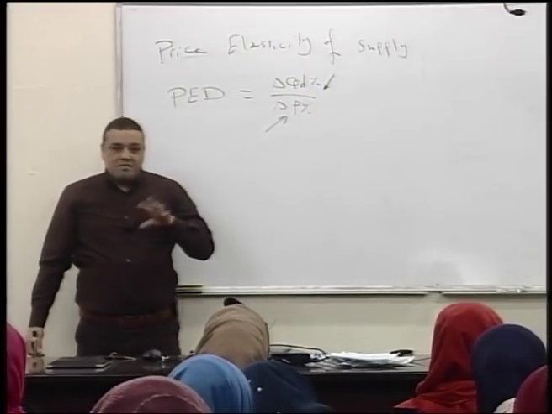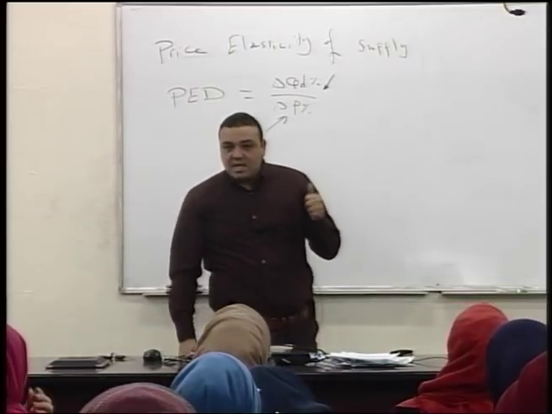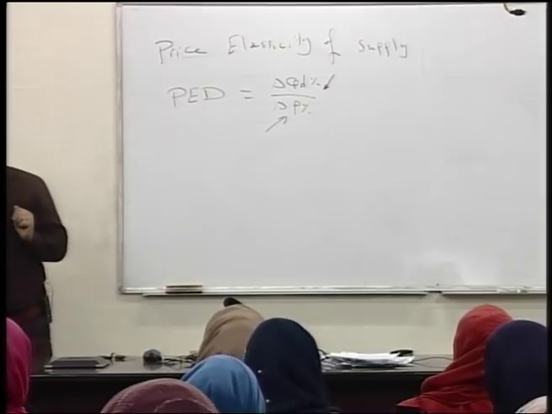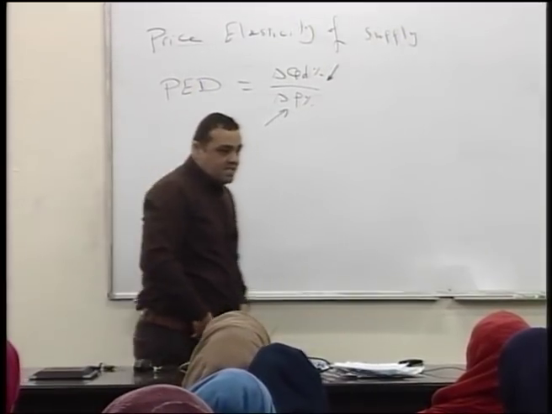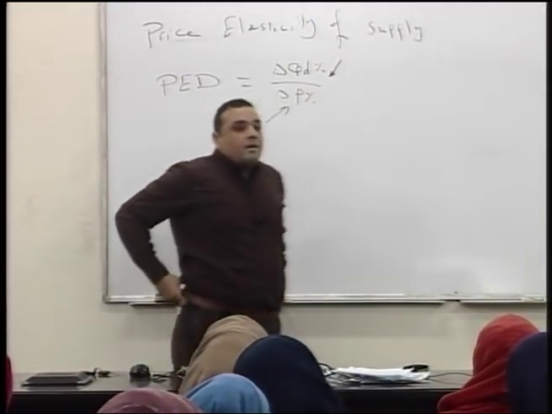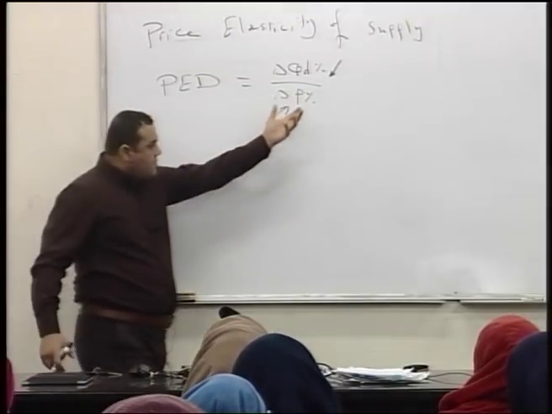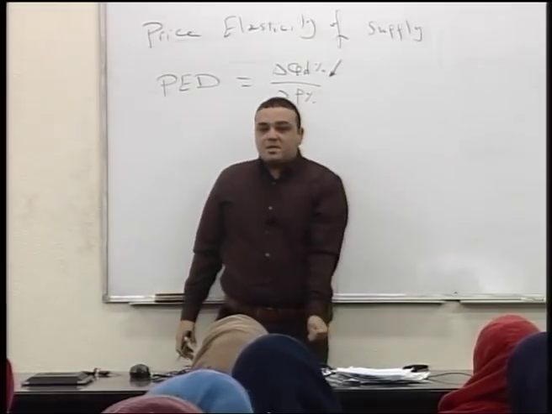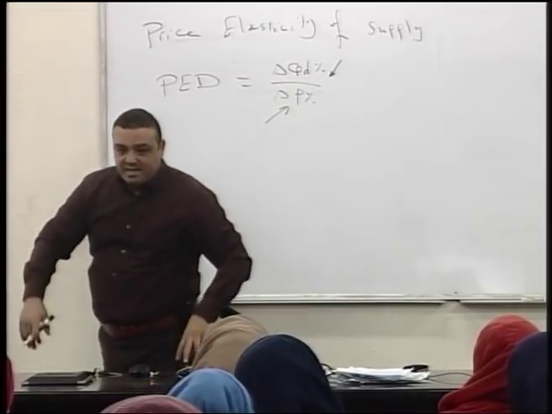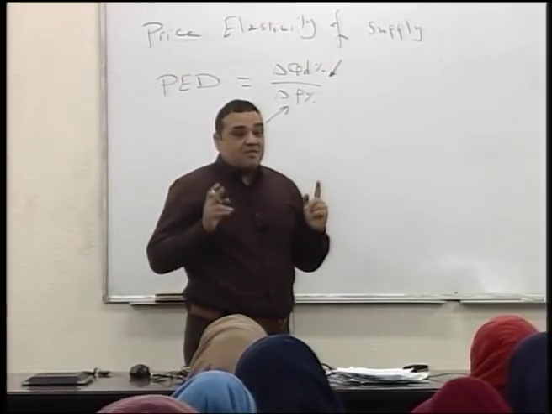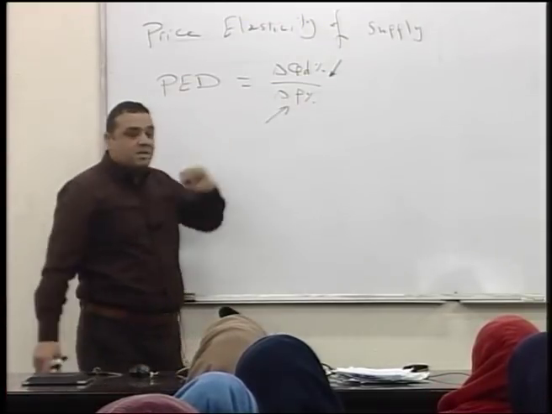And we had 5 cases: elastic, inelastic, unitary elastic, perfectly inelastic, and we had 5 examples, right? In general, as the price goes up, the quantity demanded goes down. So the sign of the price elasticity of demand is always negative, which represents the negative relationship between the price and the quantity demanded.